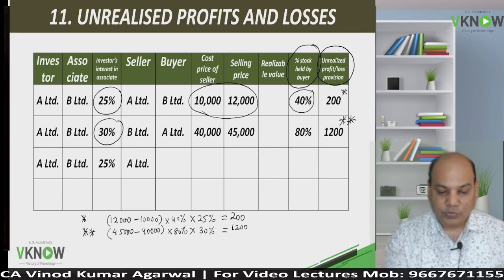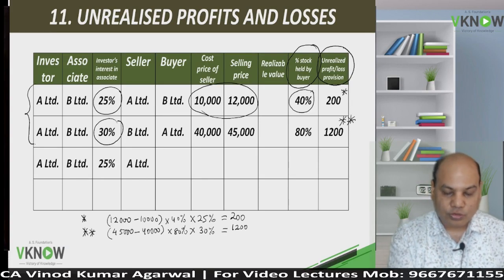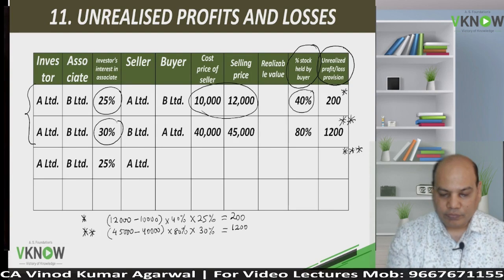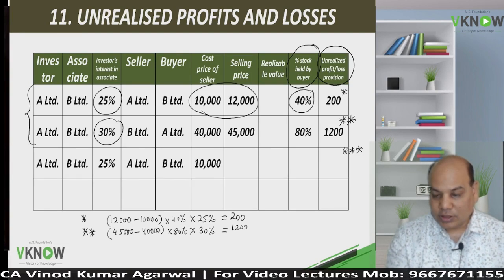Now, these two, case 1 and case 2, were based on profit. That was easy. But this next case is based on losses. Let us see. Cost is 10,000, sold for 8,000. So there is a loss.